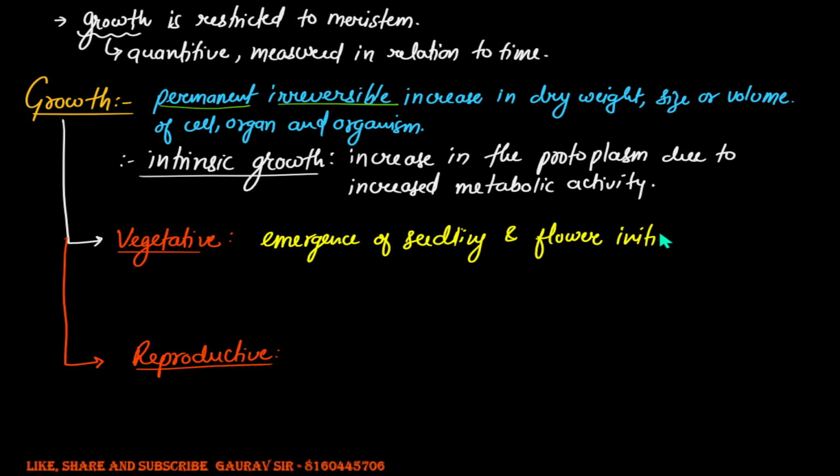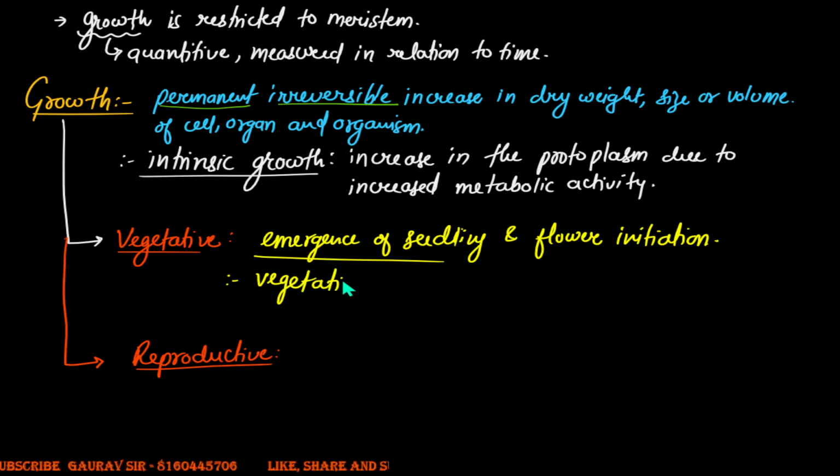The growth that takes place between emergence of seedling till the flower initiation takes place in the plant is called a vegetative growth. And this growth will take place in the vegetative parts of the plant, right?